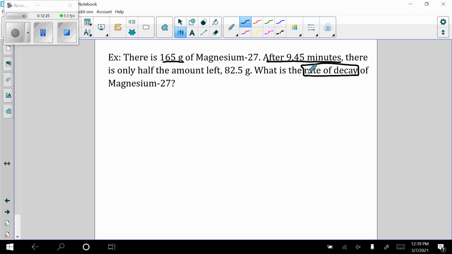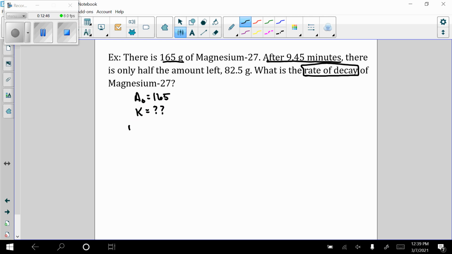So A sub 0, or my initial amount, is 165. K is my unknown.